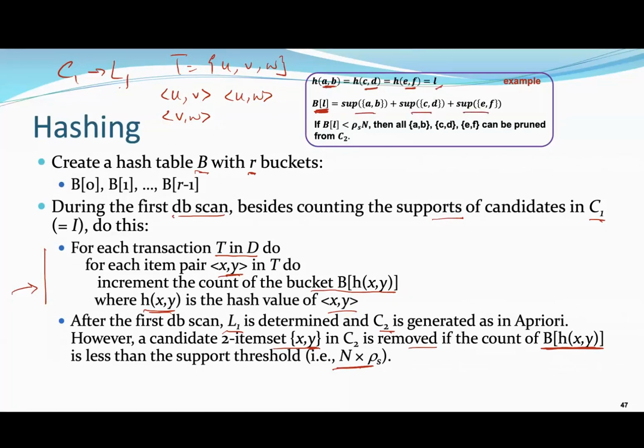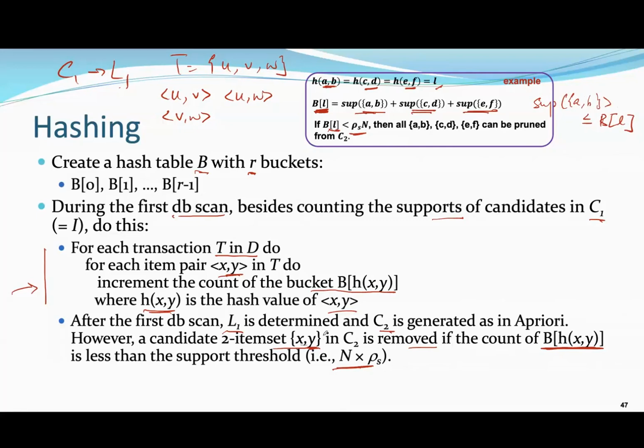Therefore, the support count of AB must not be larger than this bucket count. So what we do is check whether this bucket count is less than the support requirement. If so, we know that all of these support counts do not reach the support requirement, so they can be removed.